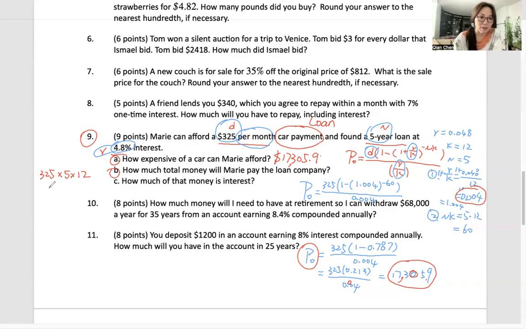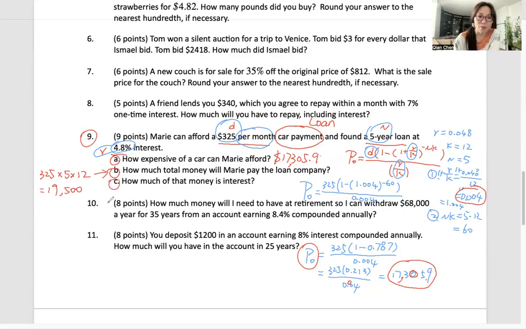That equals 19,500. So this is the total money Marie has to pay the loan company, because each month she pays $325, for 5 years and 12 months in a year.